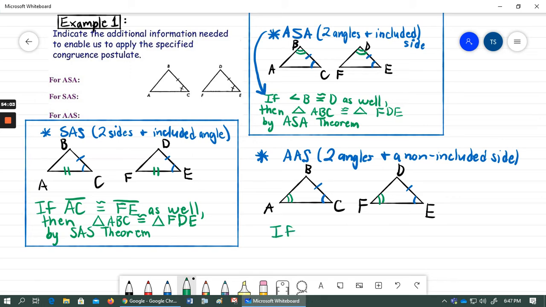So if we knew that angle A was congruent to angle F as well, if we had this additional information here, then and only then could we say that those two triangles were congruent by the angle side theorem.